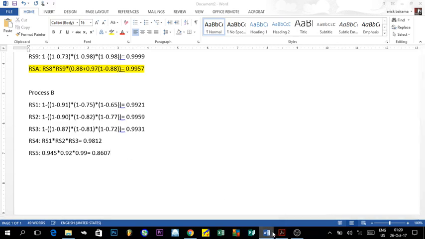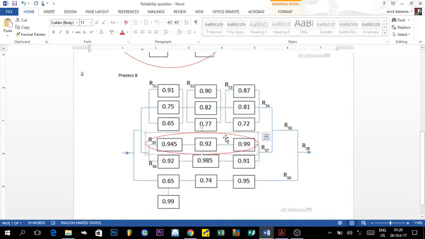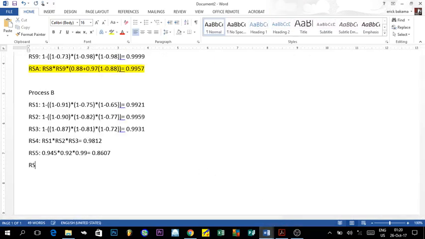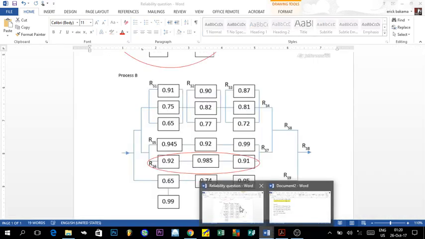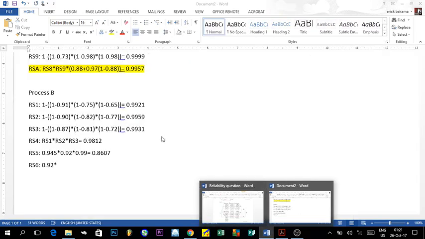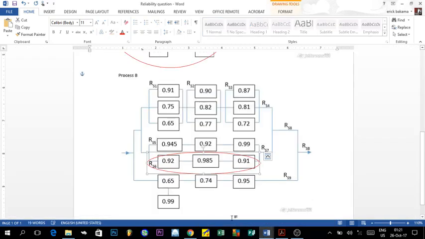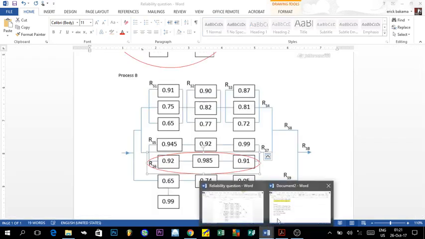Then we do the same thing for RS6. I think the principle is the same, the system, but this one is the one that is down here. So you have 0.92, 0.985, and 0.91. Now in this case, reliability for RS6 is 0.92 times 0.985 times 0.91.